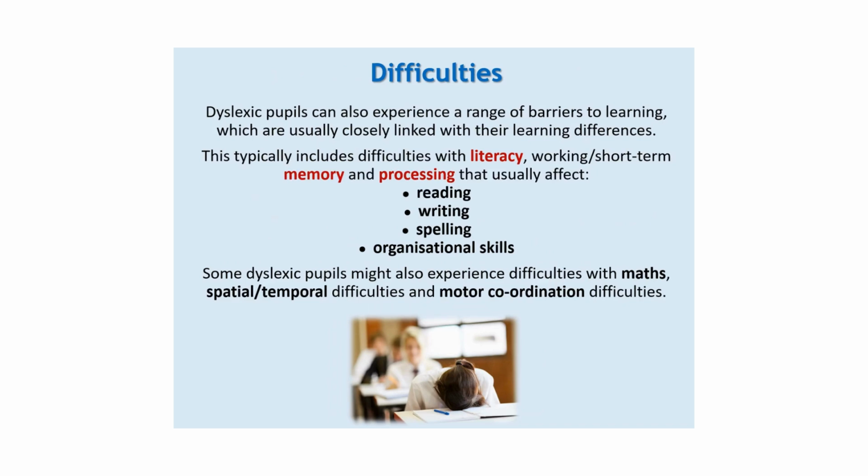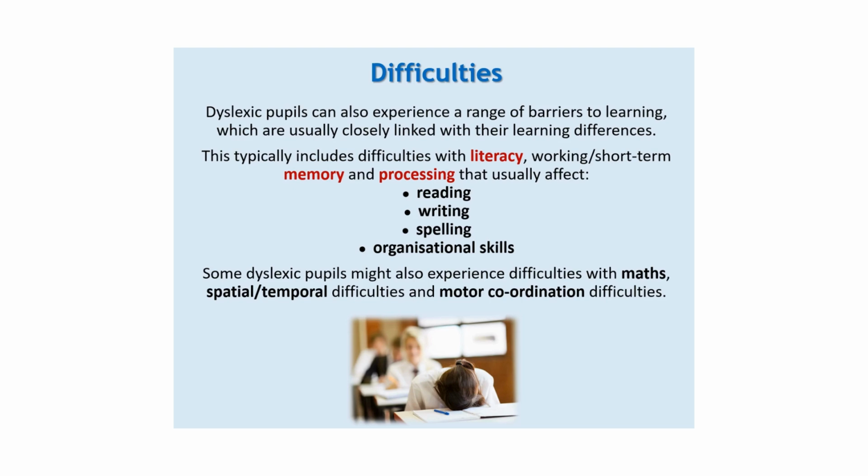Difficulties. Dyslexic pupils can also experience a range of barriers to learning, which are usually closely linked with their learning differences. This typically includes difficulties with literacy, working and short-term memory, and processing that usually affect reading, writing, spelling, and organizational skills.